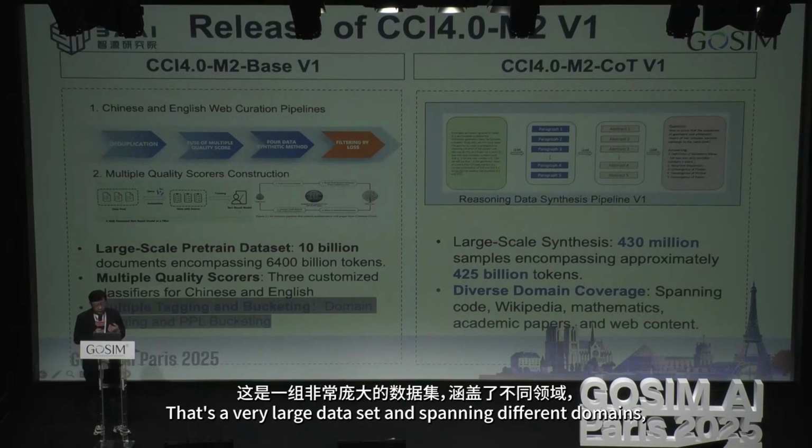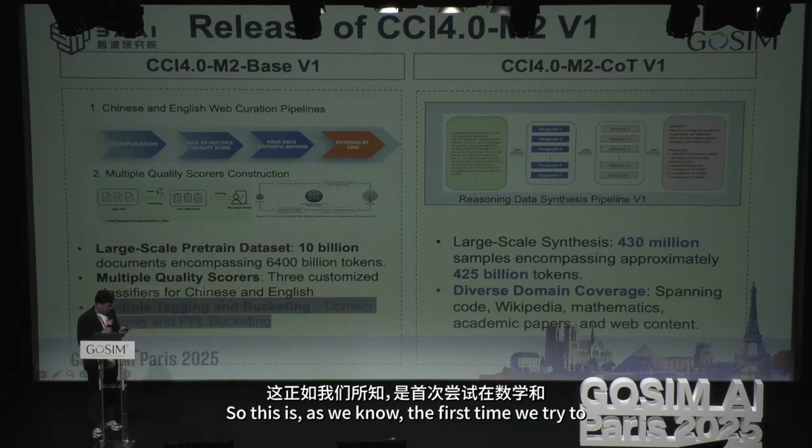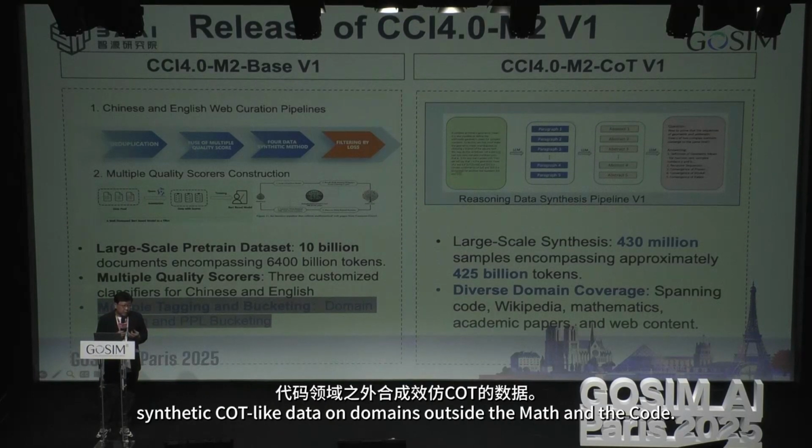That's a very large dataset spanning different domains, including math, code, Wikipedia and arXiv. As far as we know, this is the first time we try to synthesize COT-like data on domains outside math and code.